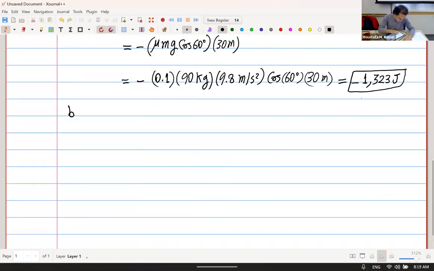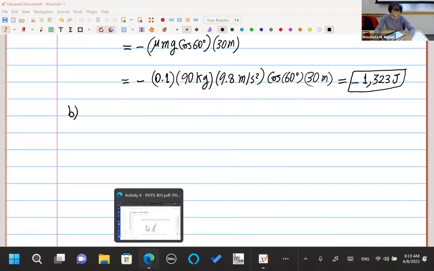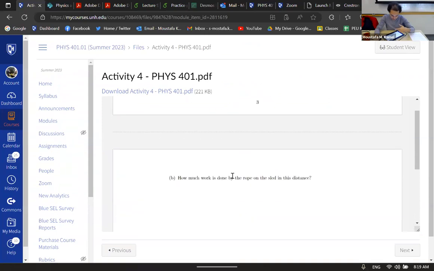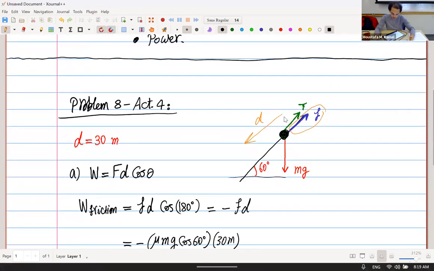I think that part was straightforward. So the tricky part was for the next two parts. Next, we want to calculate the work done by the rope, which is basically the work done by tension. This tension force here.